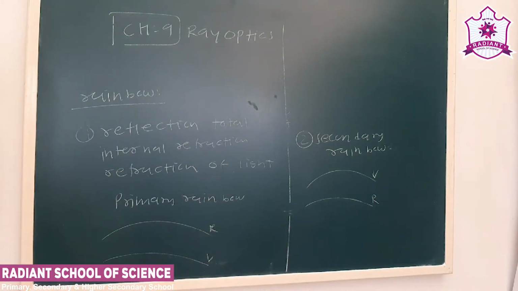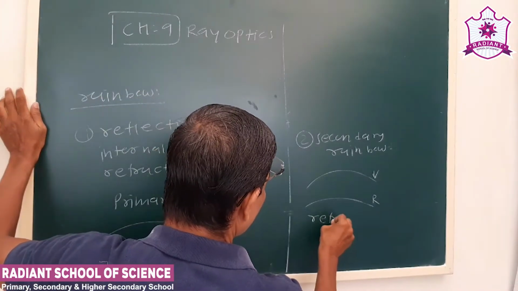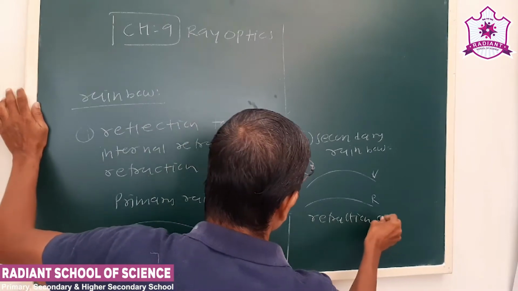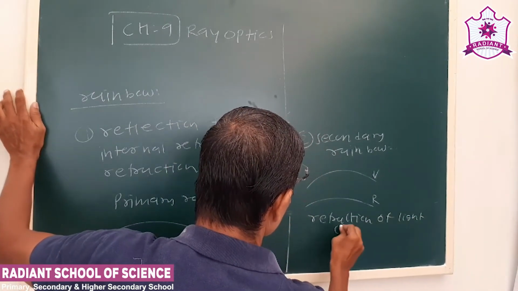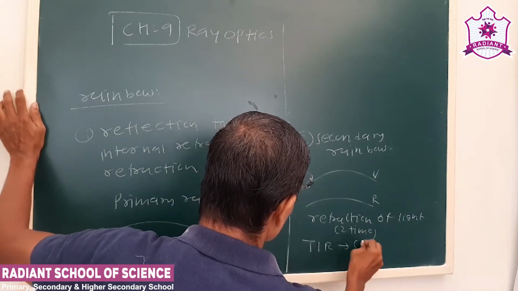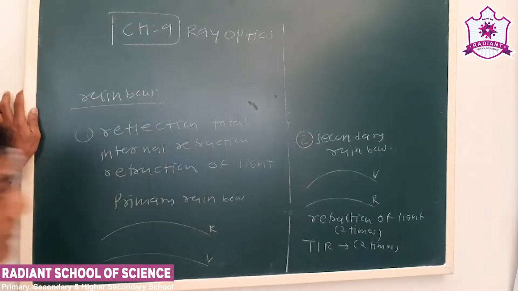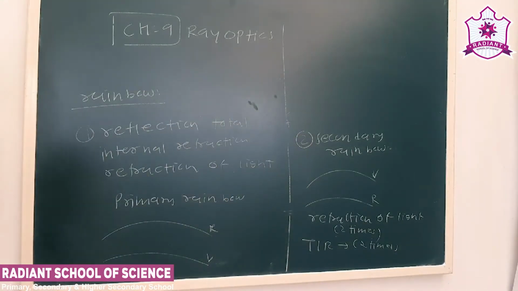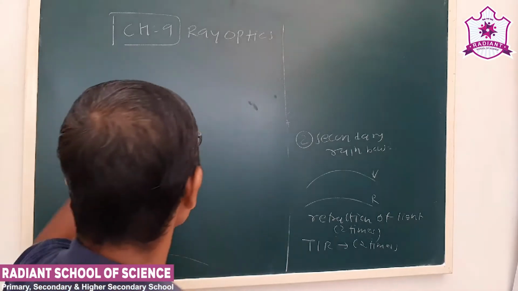In the secondary rainbow, refraction of light takes place twice, and total internal reflection also happens 2 times. So this is about the rainbow. Now next we have to see about the scattering of light.